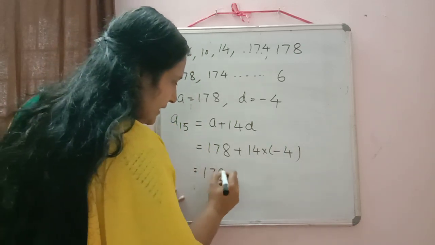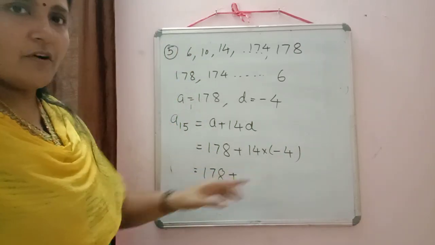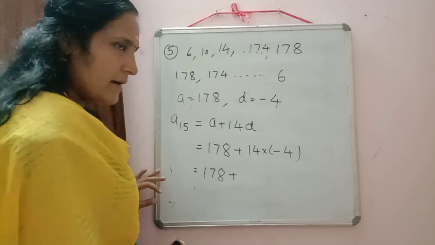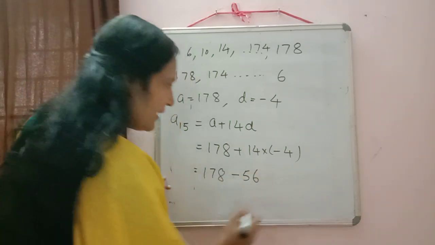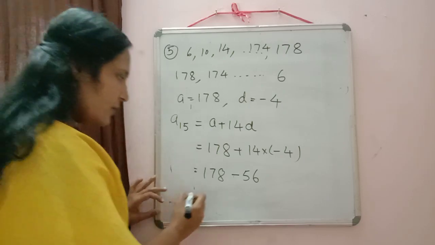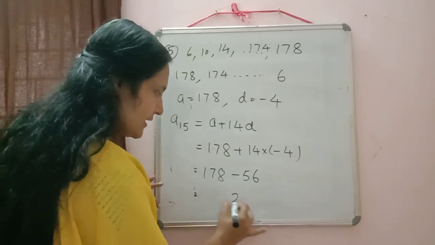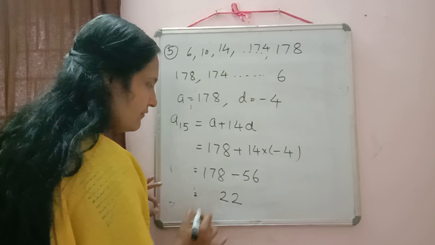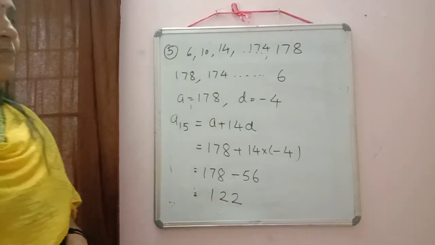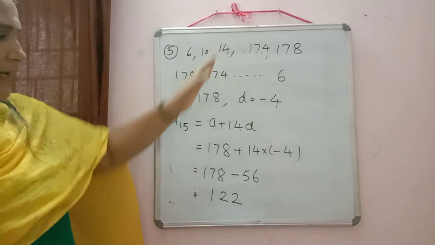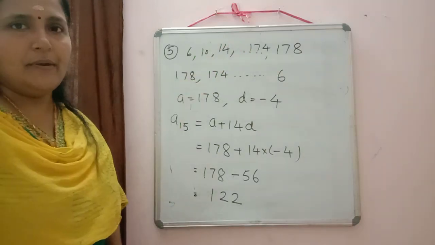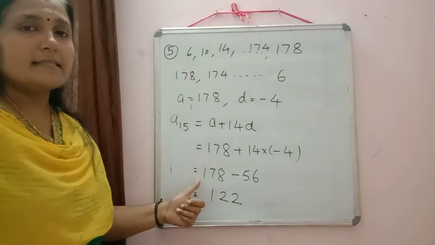So 178 plus 14 fours is 56 and minus 4 is there. So that's why it will be equal to minus 56. Now do the subtraction. 8 minus 6, 2. 7 minus 5, 2. 1, 2, 2. So 15th term from the end will be equal to 122. Not from the starting there.